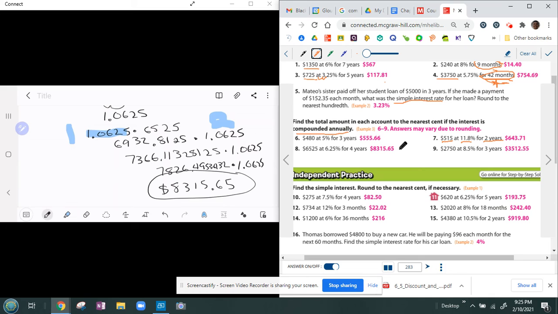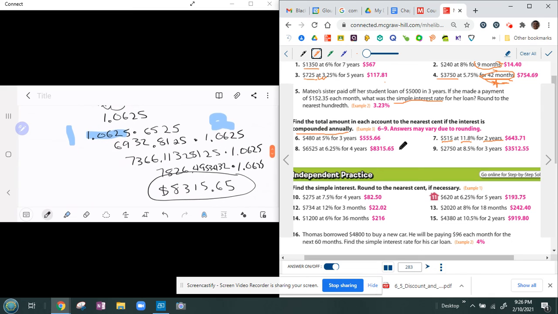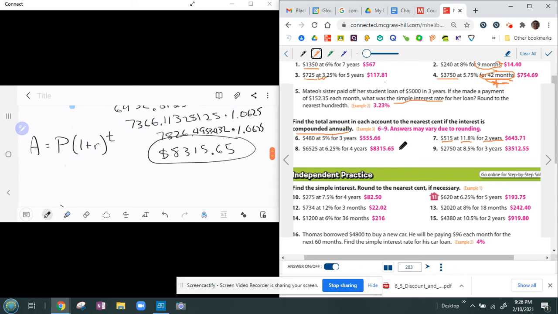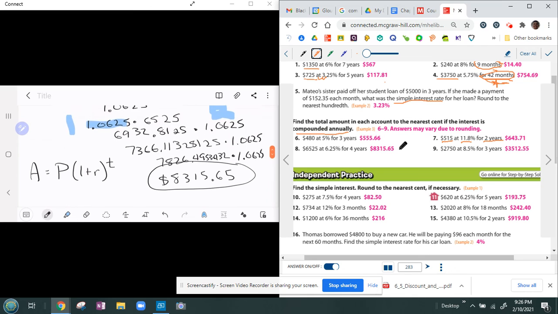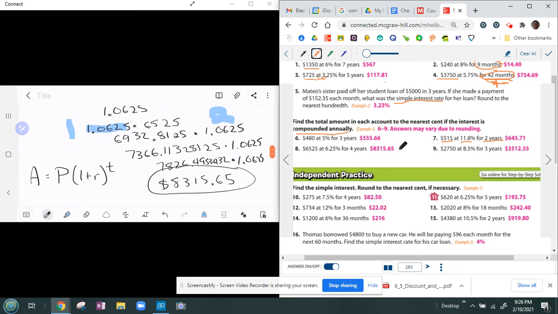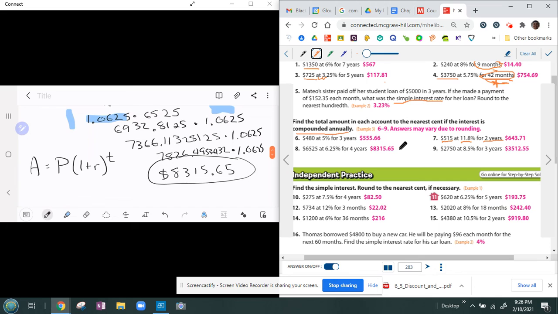And if you want a really big shortcut, then try this one. The final cost is going to be the principal times 1 plus the rate to the t power. Check this out. This is awesome. What's the original principal? All right, you have to know how to use a calculator pretty well, though.